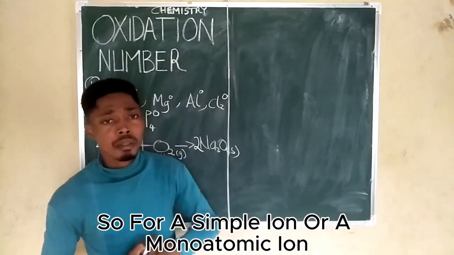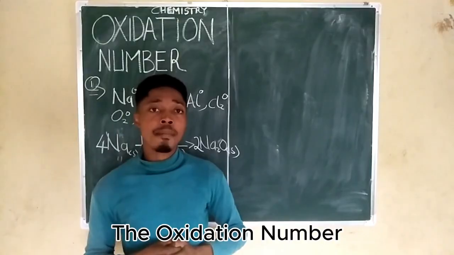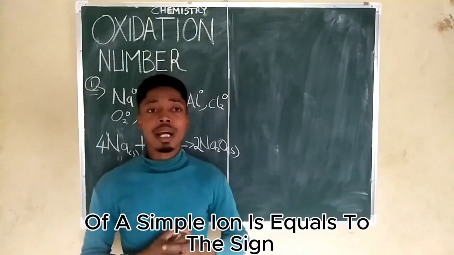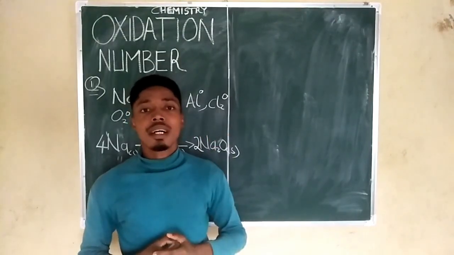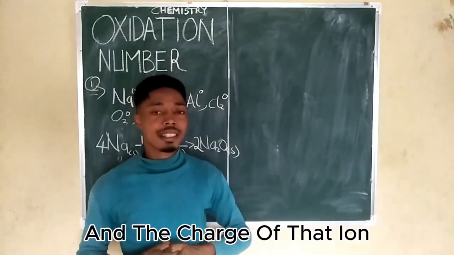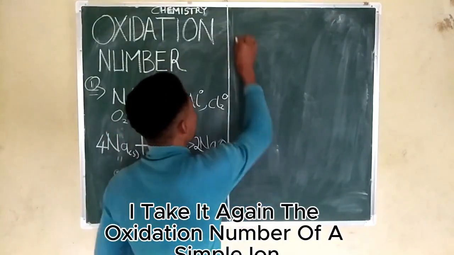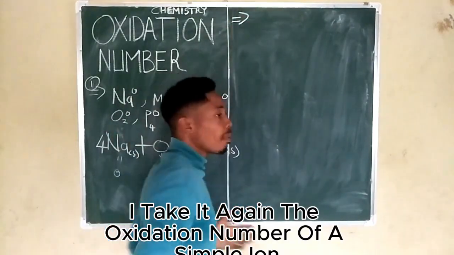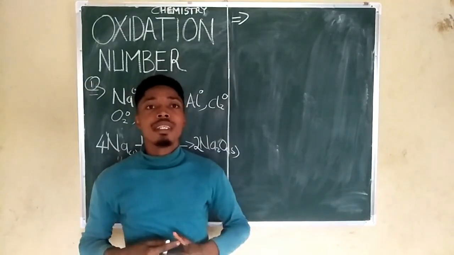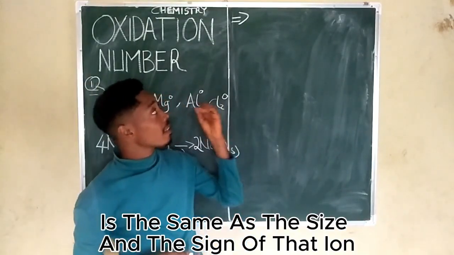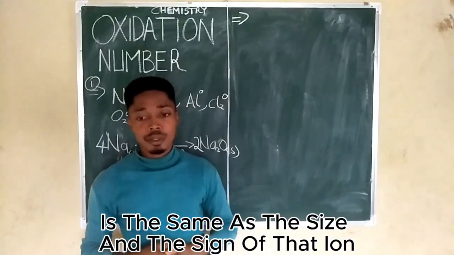So for a simple ion or a monoatomic ion, the oxidation number is equal to the sign and the charge of that ion. I say it again: the oxidation number of a monoatomic ion is the same as the size and the sign of that ion.